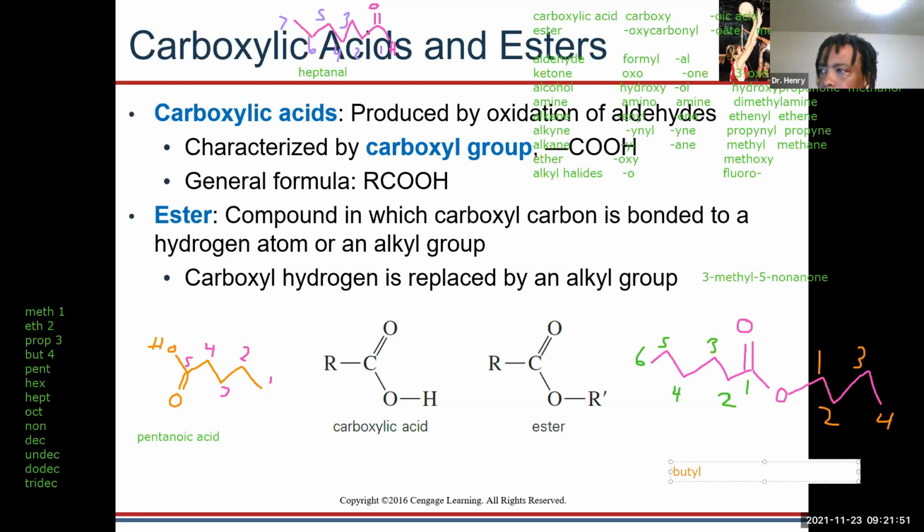And then it would be hex, and so hexanoate. Okay. You guys see that?